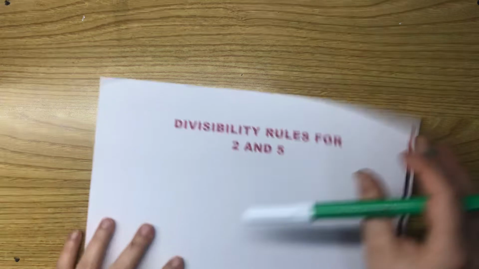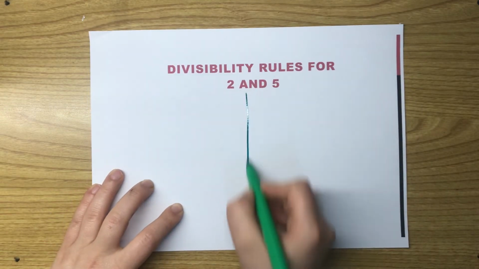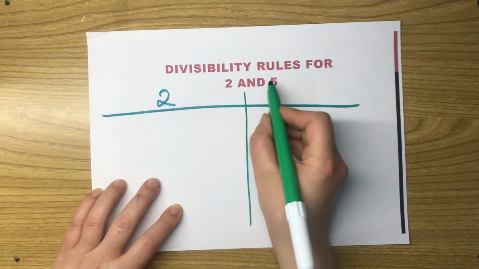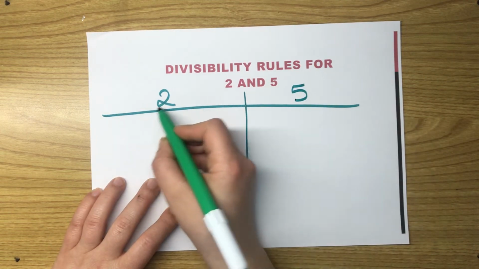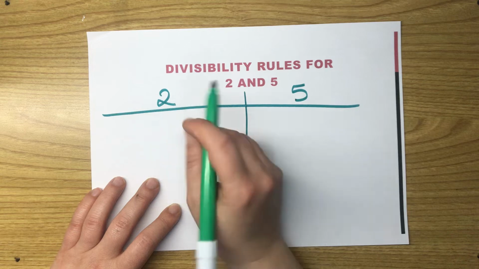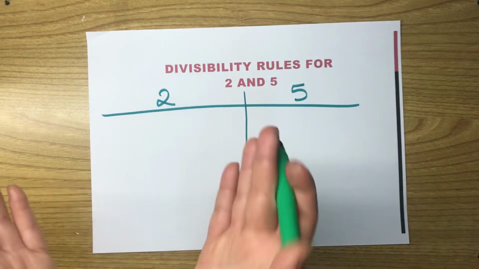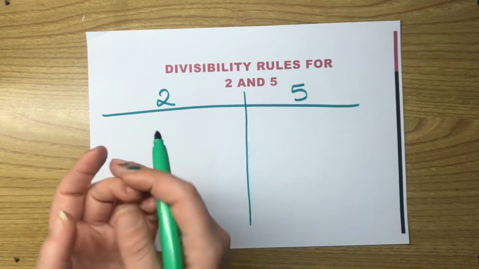Okay, divisibility rules for 2 and 5. What are the conditions that tell you a number is divisible by 2?